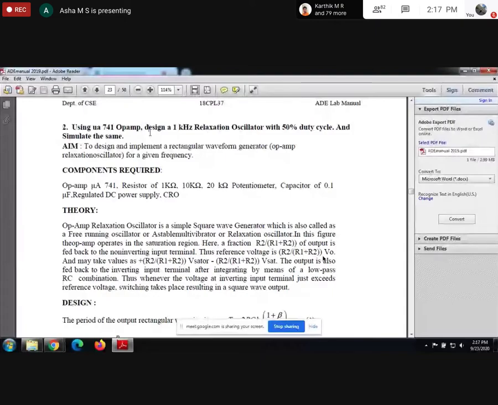So in this experiment also we have both hardware as well as the software. So what do you mean by relaxation oscillator? That is to generate the square waveform.